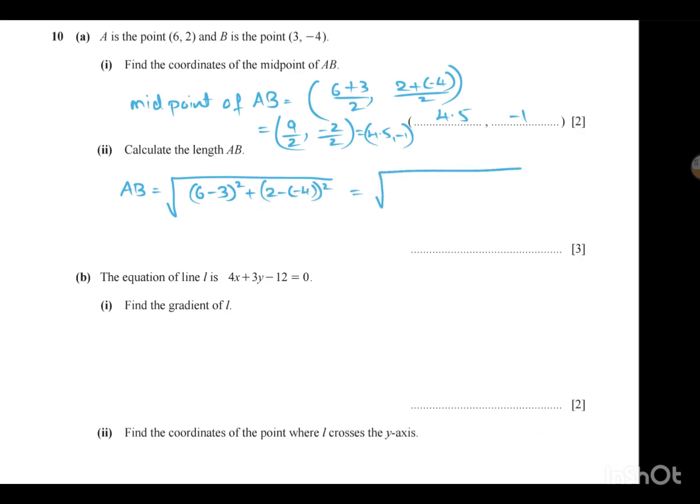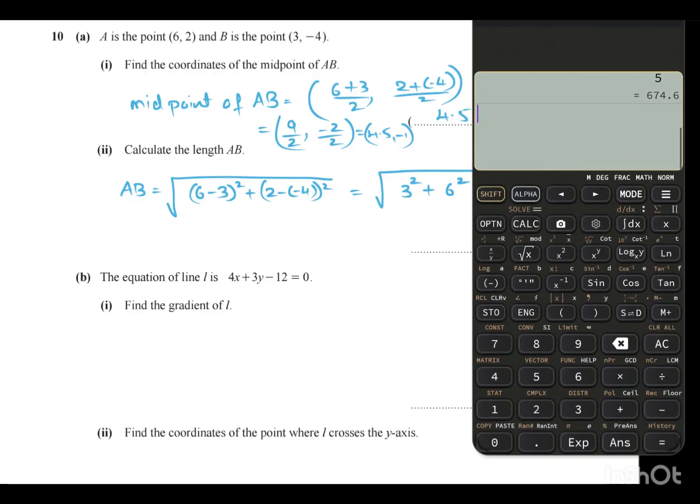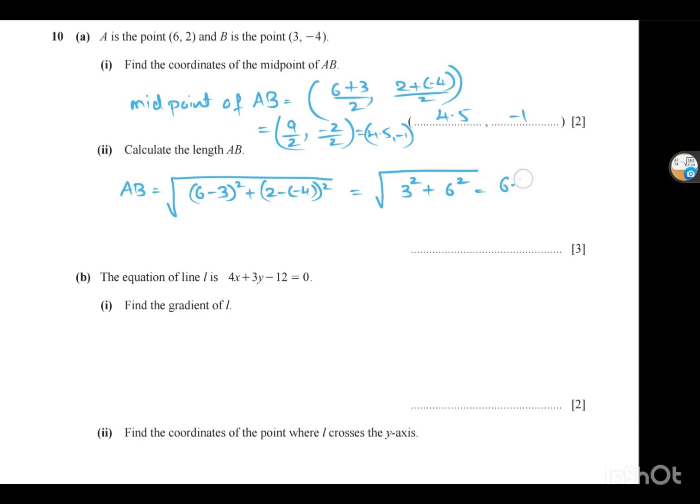So square root of 6 minus 3 is 3 square plus 2 minus of minus 4, 2 plus 4 is 6, 6 square. Then find out in calculator. Square root of 3 square plus 6 square is 6.7082, 6.708.